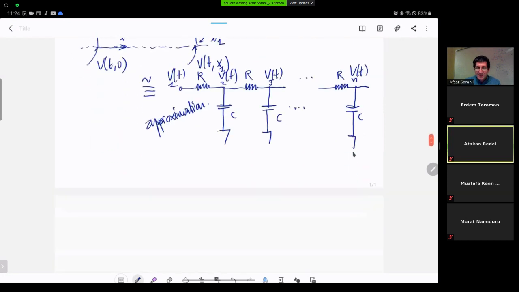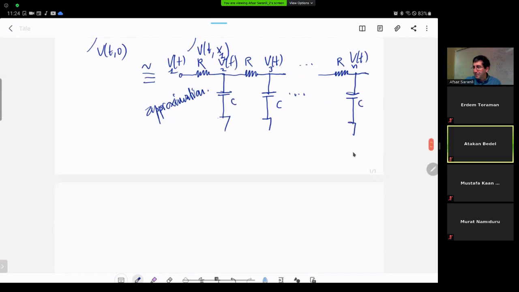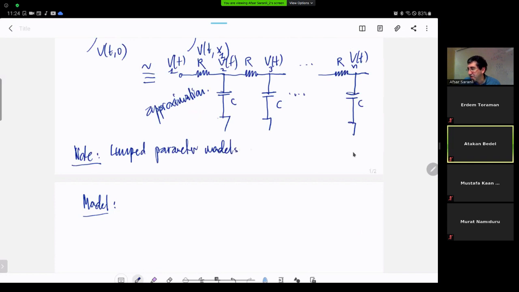All right. So I'm going to just sketch the heat conduction model, and then tomorrow we will start deriving that. But here is the model. By the way, note: lumped parameter models result in ordinary differential equations, the kind that we have been dealing with in all our systems lectures.